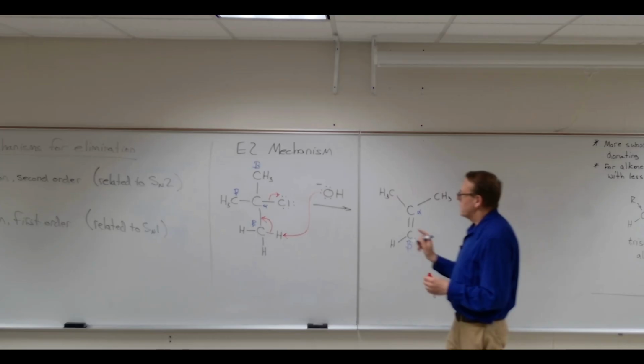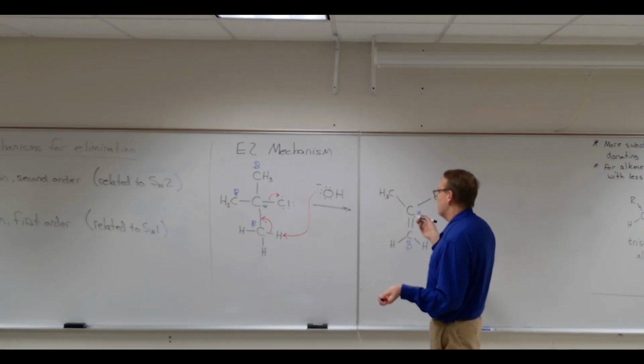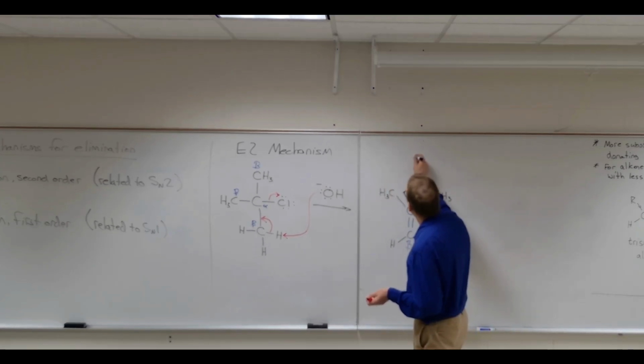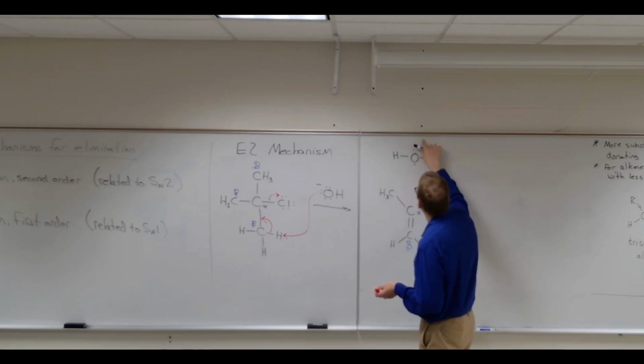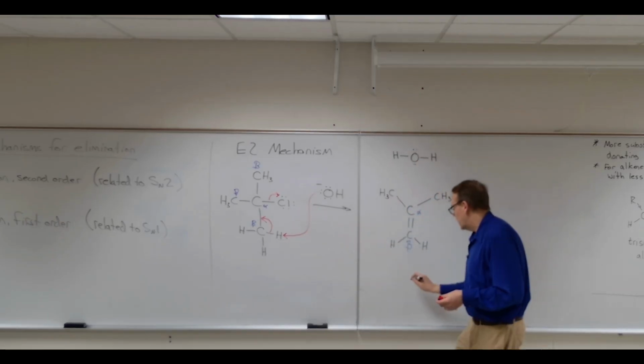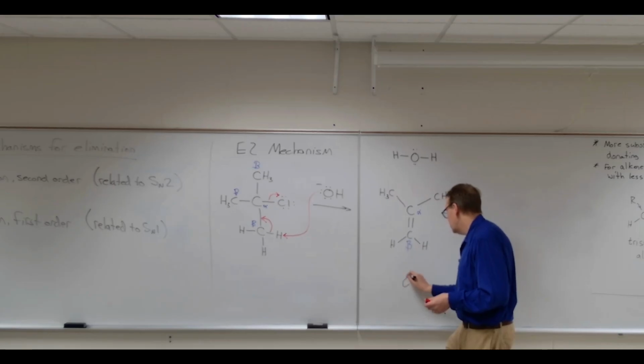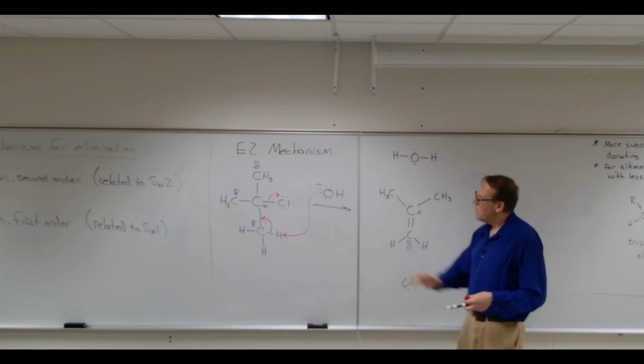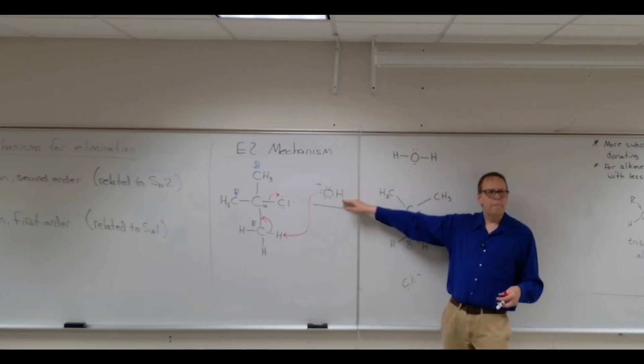The other product that comes out of this, and there's actually a couple. Water is the conjugate acid of the base that we use, so I'll draw H2O here. And then the Cl- leaving group is also a product. Sometimes you'll just see hydroxide or a base listed without a counterion, or you might see like a sodium with a hydroxide.